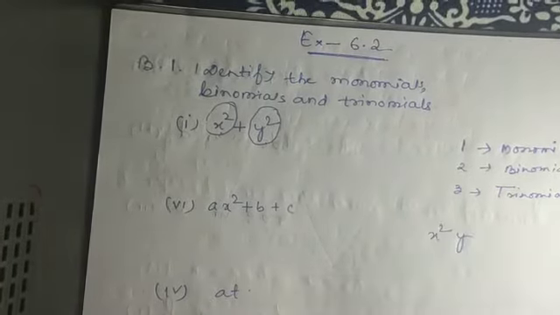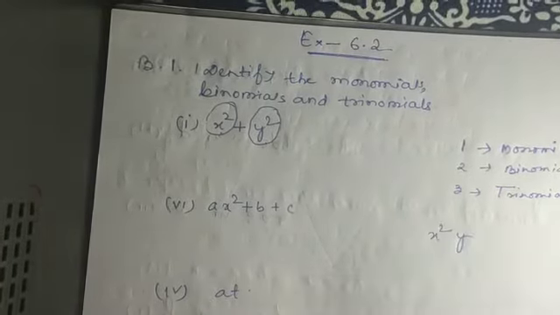So in that case, this together is one term only. Remember, whenever the terms are separated by the sign plus or minus, only then do we take those terms as different. Otherwise, if the terms are in a multiplied form, then we take it as one term.